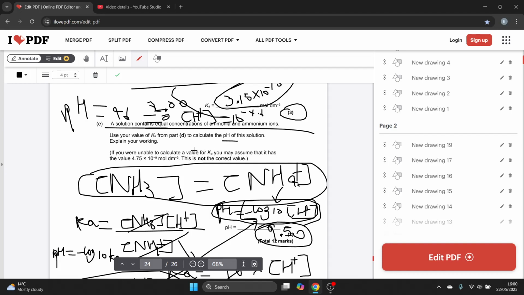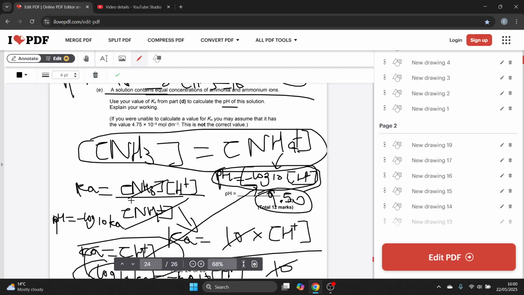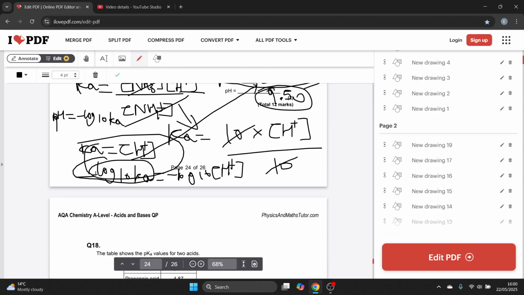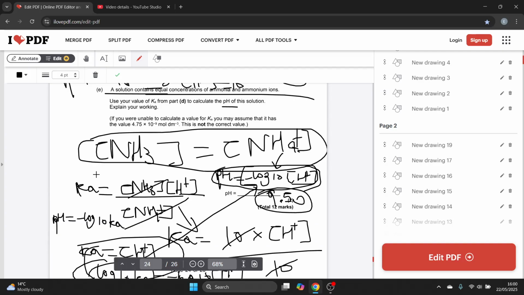So first part, okay, equal concentrations and they cancel out. Then you get Ka equals concentration H plus. Then you know, okay, if my final result is pH equals minus log 10 of H plus, let me take minus log 10 on both sides. So you get minus log 10 of H plus equals minus log 10 of Ka. Then you know the pH expression is minus log 10 of H plus, which you memorized.